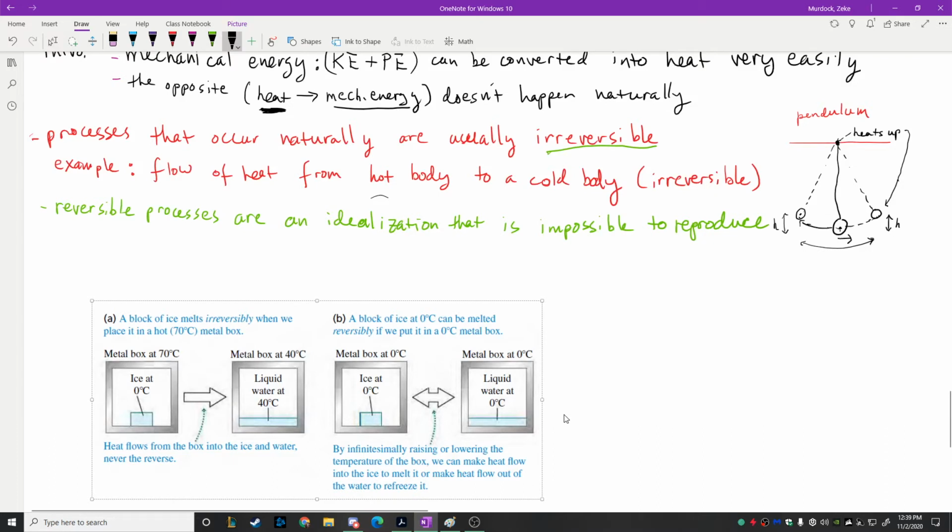I'll write that down right here as we talk about this. So a reversible process must be very close to equilibrium, thermal equilibrium.